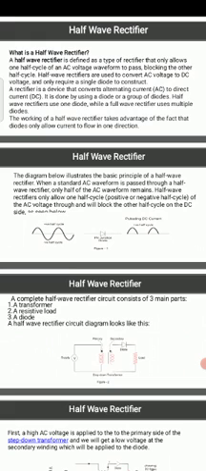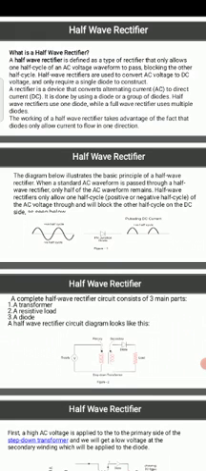So a half wave rectifier is defined as the type of rectifier that only allows one half cycle of the AC voltage waveform to pass, blocking the other half cycle. When the positive half cycle is present in the input voltage, the diode acts in forward bias condition and allows current to flow through it.